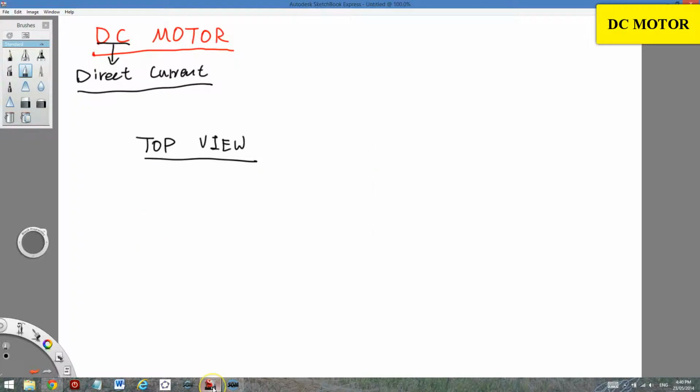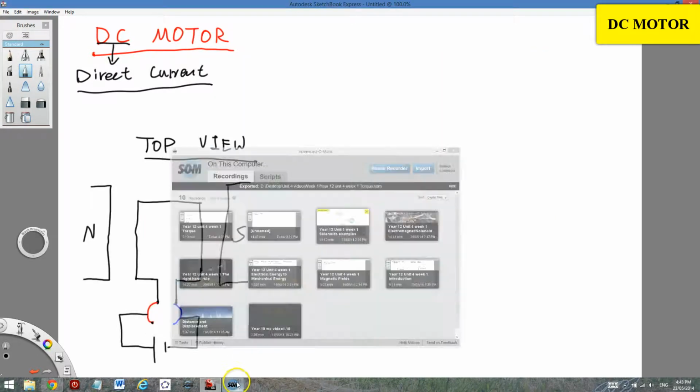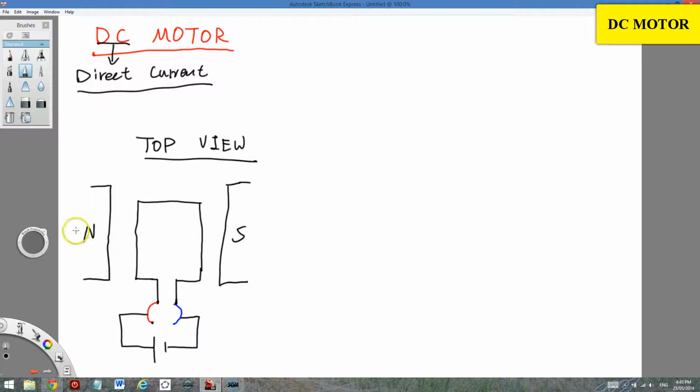So let me draw the design now. I'm going to draw the top view first. Have a look at the top design of the DC motor. We have a magnetic field from north to south, with a magnet, so the direction of the magnetic field will be in this direction.